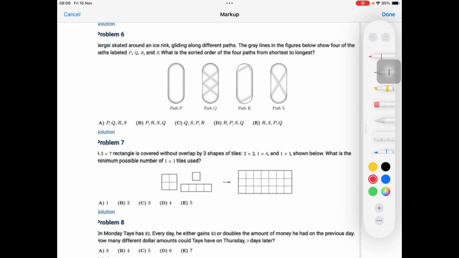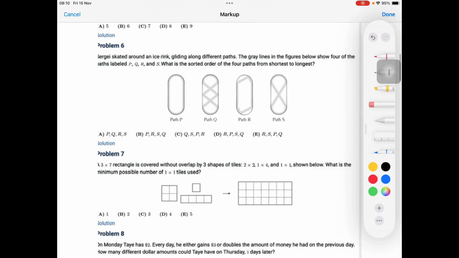So shortest, we can compare P and R. But all the same, but here only this is 2 lines, while this is the circumference of the 2 semicircles. But here, because this is the line inside of the circle, actually the line is shorter, so R is the shortest.